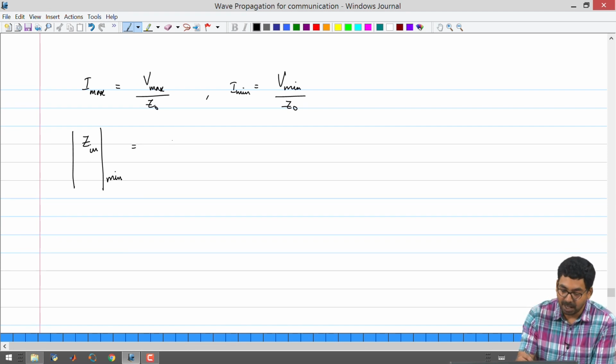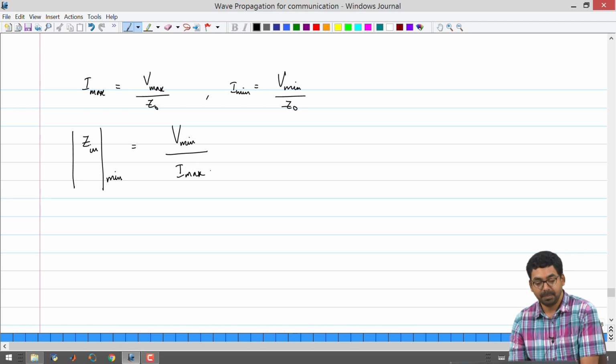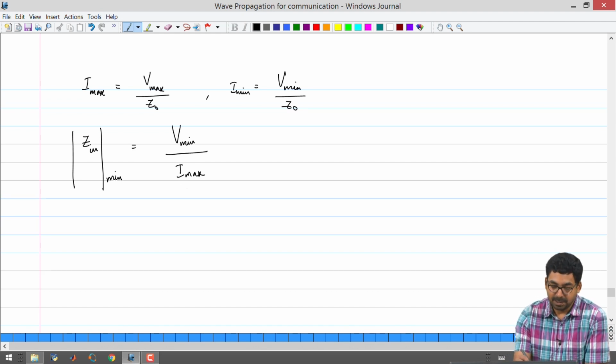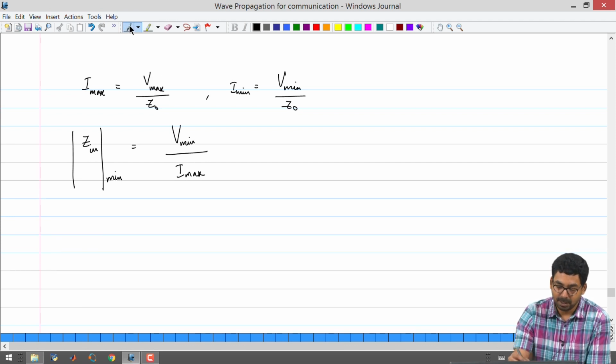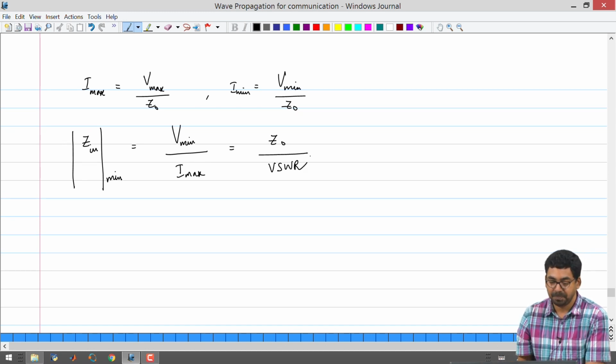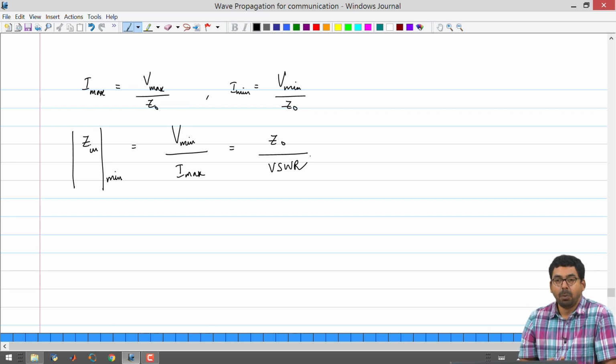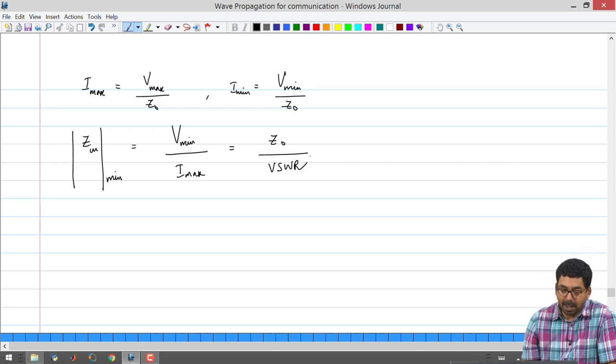Which means that I will be having minimum voltage in the numerator divided by the maximum current in the denominator. And since I max is V max divided by Z naught, I can substitute for I max and I will just get Z naught divided by VSWR. Now, if I know what my standing wave ratio is going to be, I can clearly calculate what the minimum input impedance could be.